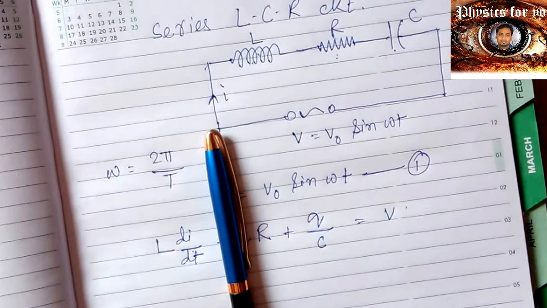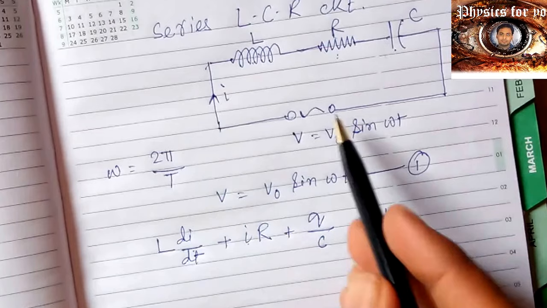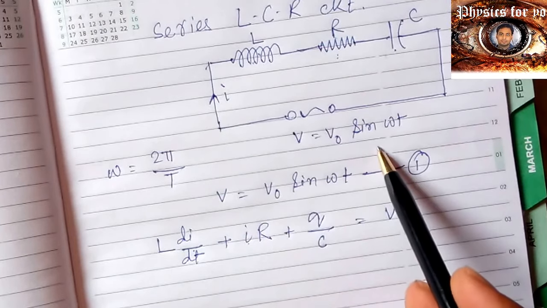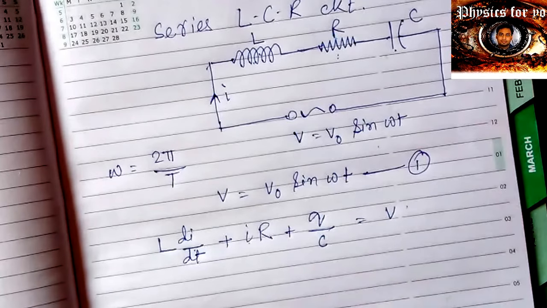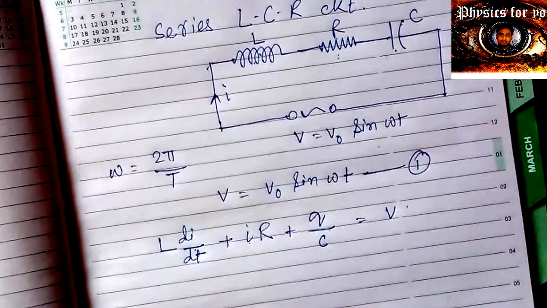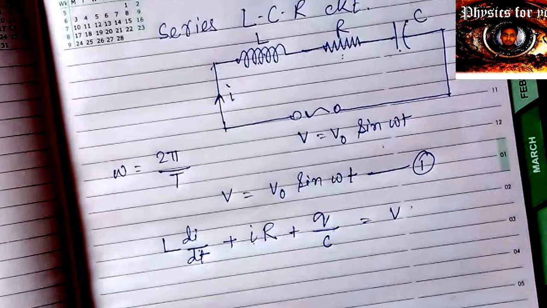It forgets its own frequency and is bound to vibrate in the frequency of the driver. So this is similar to forced vibration. Thus the current should oscillate with the frequency of the supply voltage, that is omega, in the steady state.